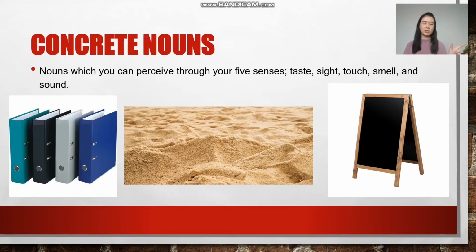And on the right, the black one, yeah, that's right, that is a blackboard. So you can touch all of them, right? You can see all of them, but some we cannot taste. We don't need to taste the sand, right? But you can do something with these five senses, and they are called concrete nouns.